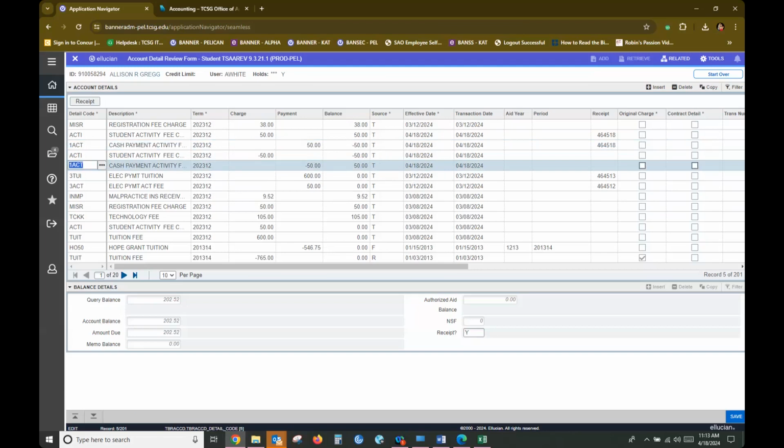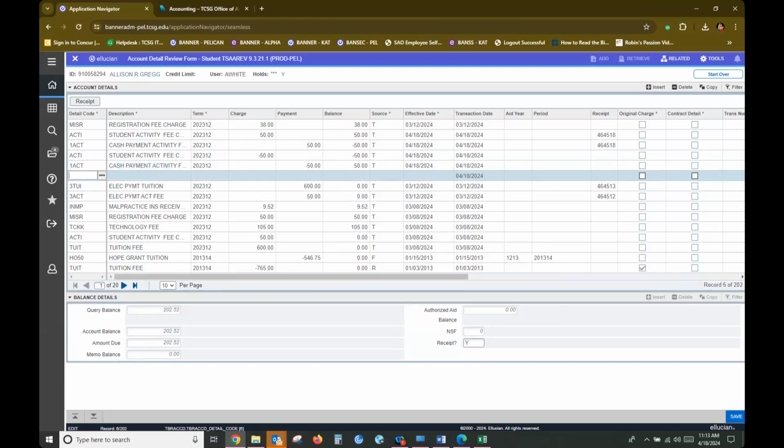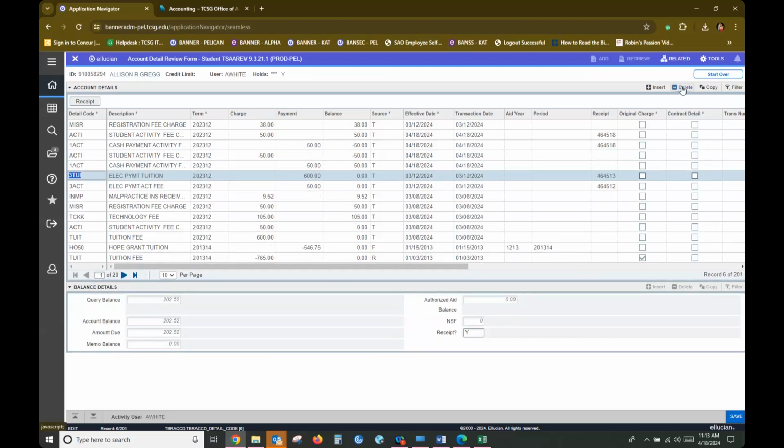I know that's super confusing. You may have to listen to this portion of it several times. But if you can get that in your head, then when you're doing reversing entries, it will help tremendously. Also, use the tab key rather than putting the dollar amount here and then hitting the F10 key to save in order for it to populate.